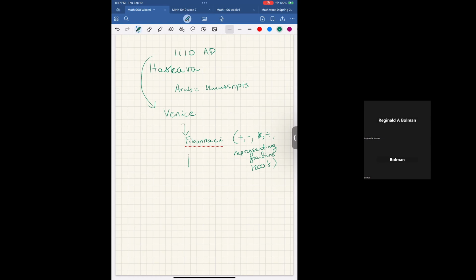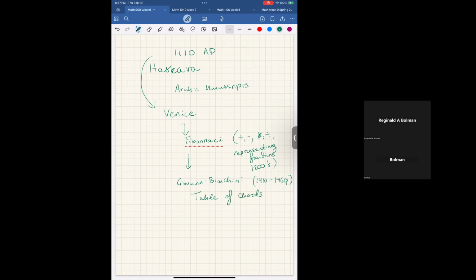And from Fibonacci, you see this gradual progression in Western mathematics. In Italy specifically, you see a man named Giovanni Bianchini, rather, who in the 1410s to 1460s comes up with what is known as a table of chords.